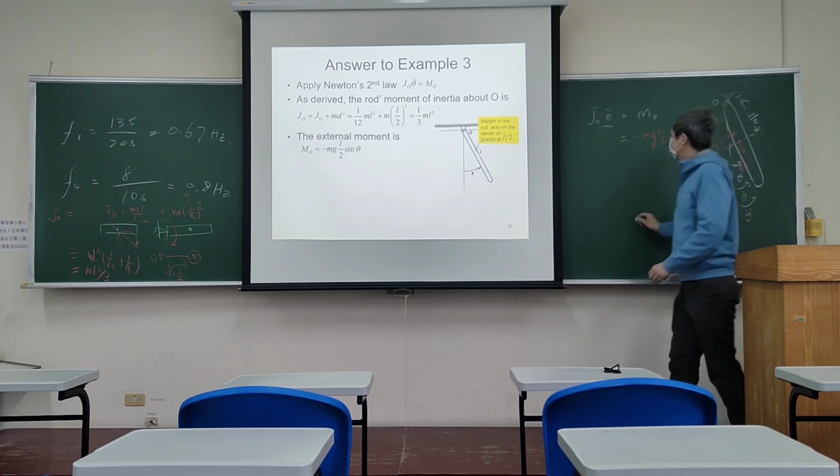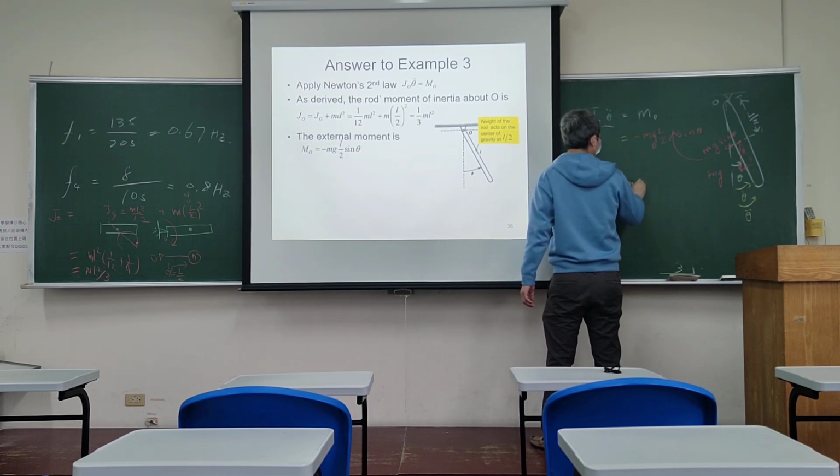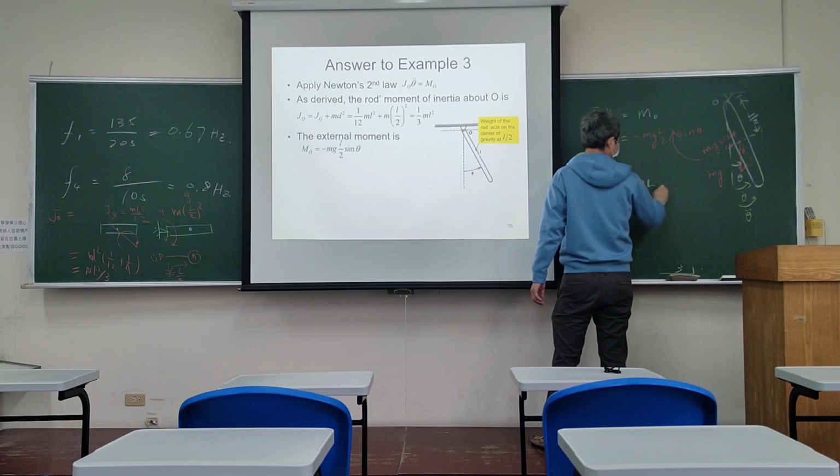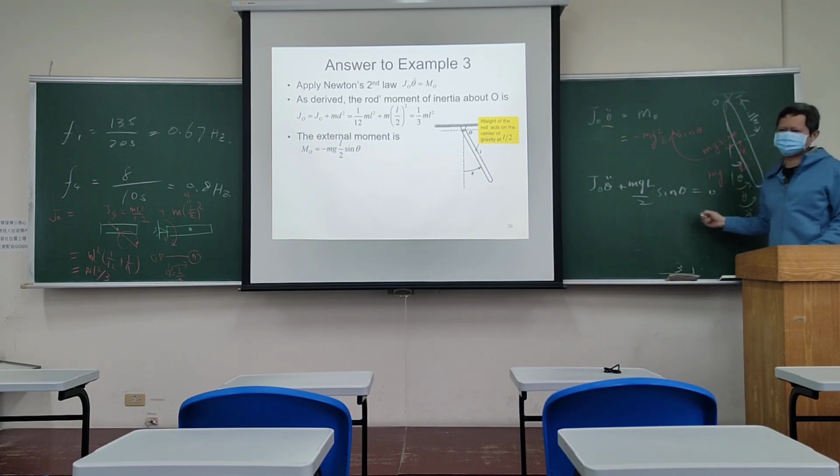So now you can rewrite the equation: J naught theta double dot plus mg L over 2 sin theta equals 0. This is your equation of motion.